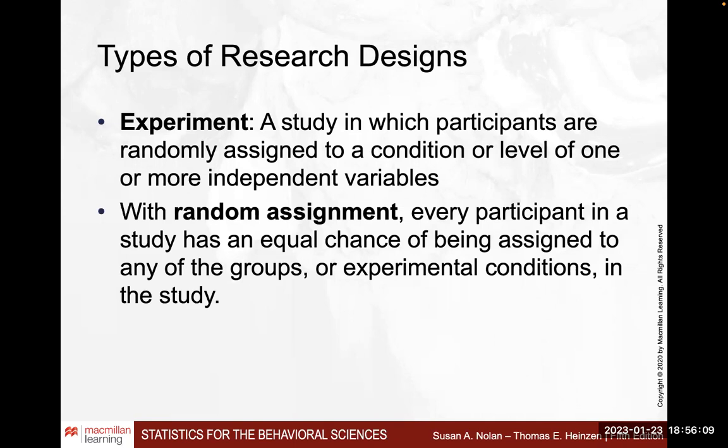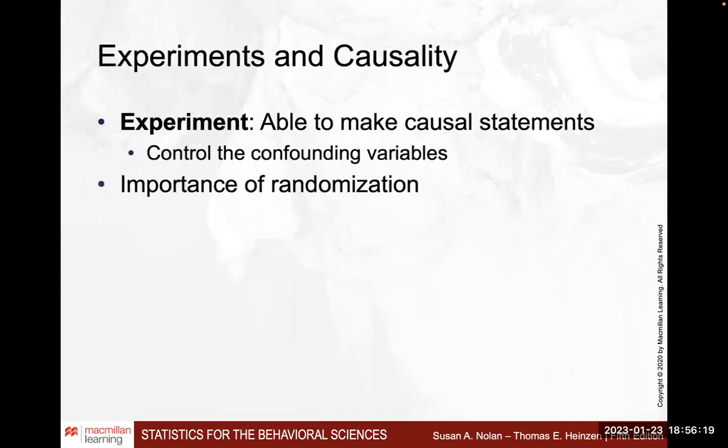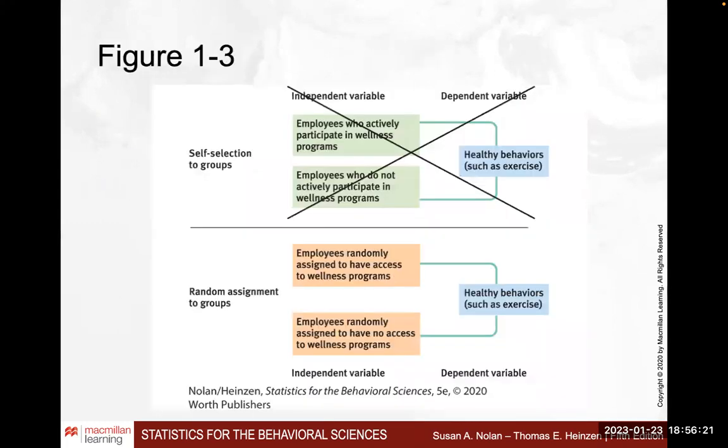Why do you need to randomly assign them? Because each individual will then have an equal probability to be assigned to either group. Why is that important? Because if you would allow them to self-select into a group, let's assume this example.